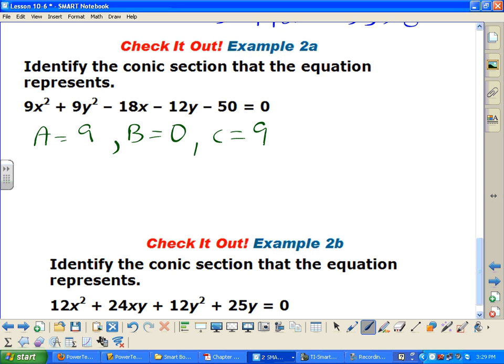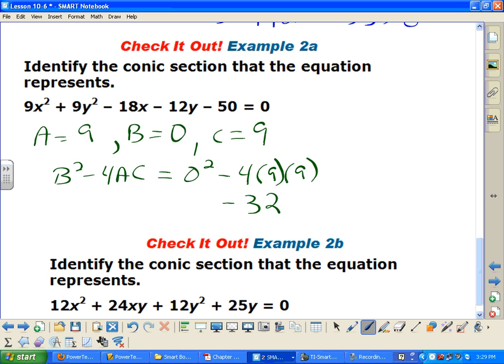So if we do b squared minus 4ac here, we get 0 squared minus 4 times 9 times 9. So that's going to be negative, let's see, 81 times 4 is 324. And so that's less than 0.